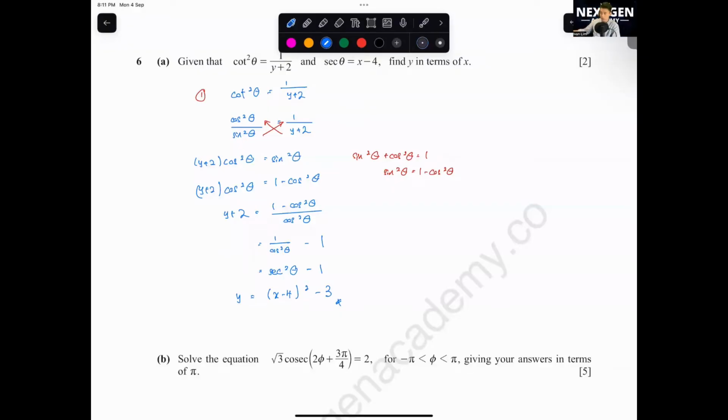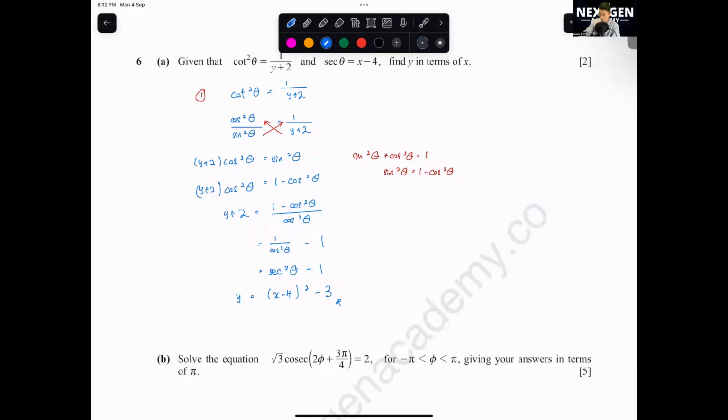Okay, other method, which other method? Okay, maybe you can share. 1 over tangent, then yeah, all right, your method. You make tangent square the subject.